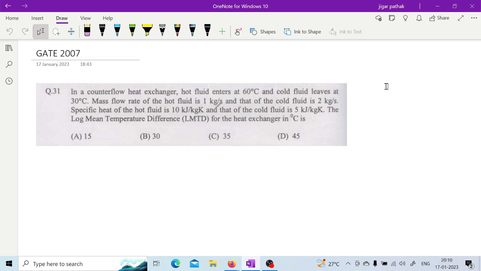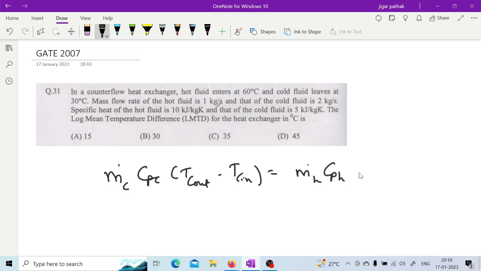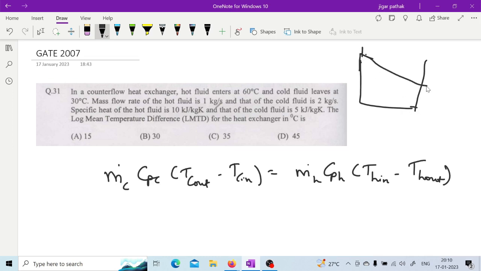So how will you get this 30? You need to again equate the heat gained by the cold fluid to the heat rejected by the hot fluid. Now in counter flow, as you know, here you will have TH in, TH out.